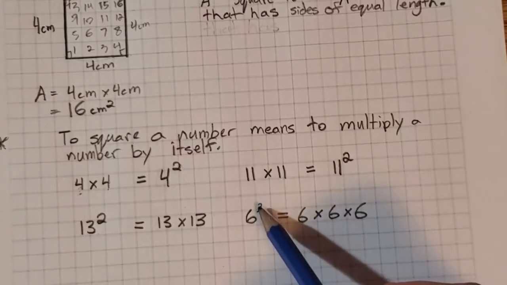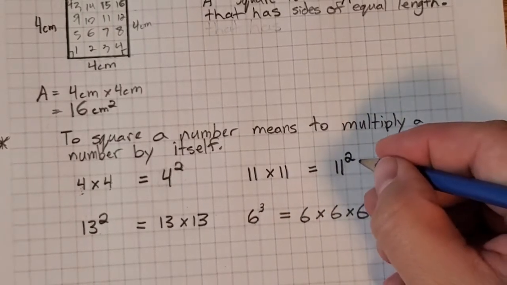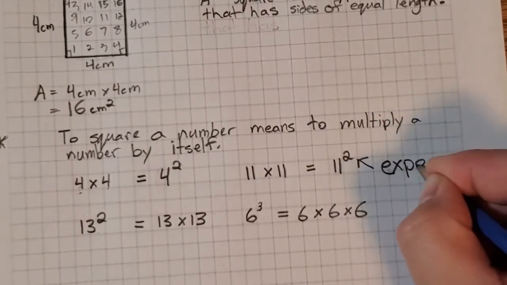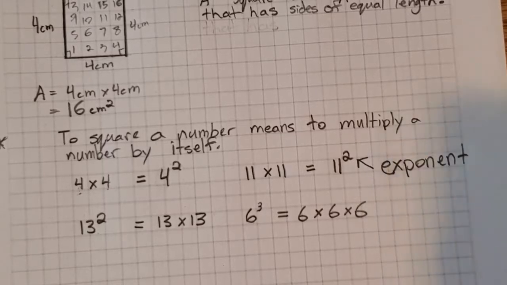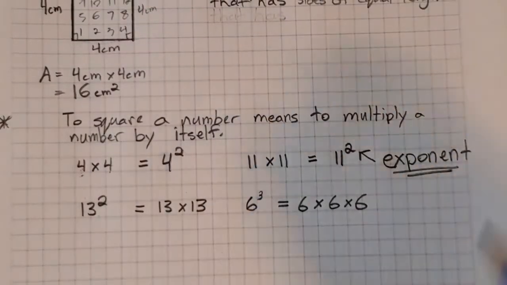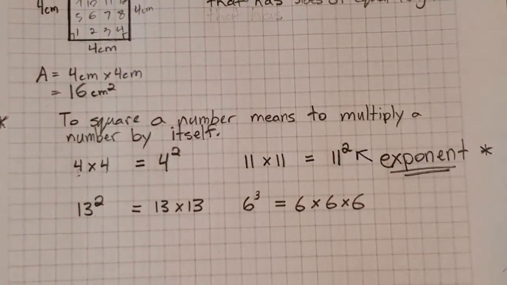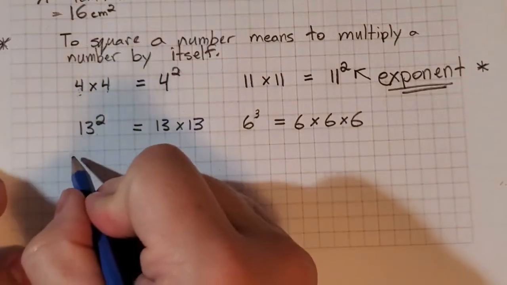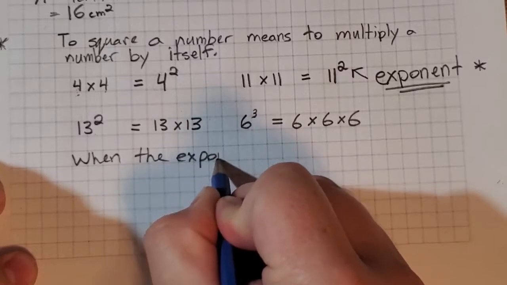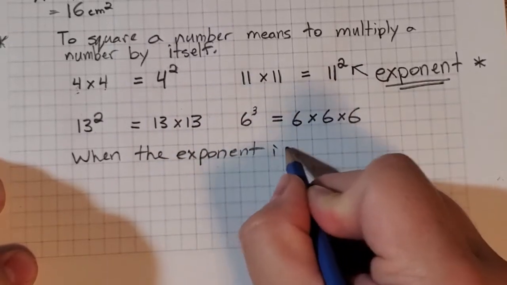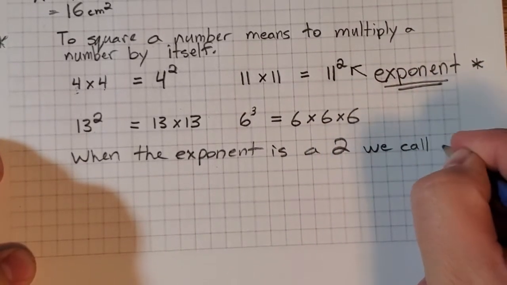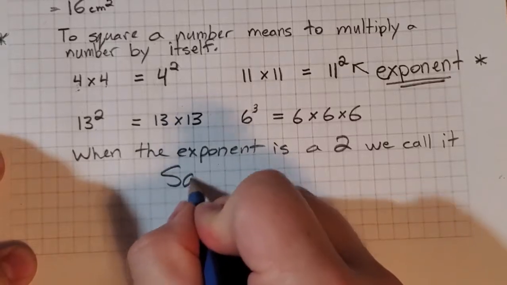The number up in the air is called an exponent. I'm going to draw an arrow to that, and say that that is an exponent. Let's underline that and make it stand out, because that is the other key thing for this lesson. When the exponent is a 2, we call it squared.